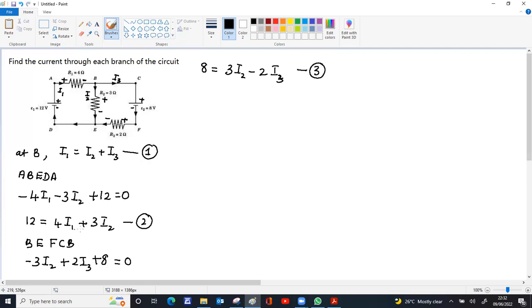Now this equation is in I1 and I2, this is in I2 and I3. We can substitute for I1, so using equation 1 in 2 will give you 12 equal to 4I1, so 4I2 plus 4I3, since I1 is substituted as I2 plus I3, plus 3I2.